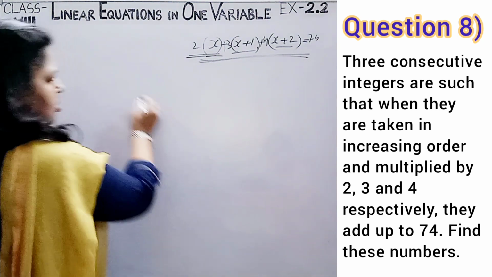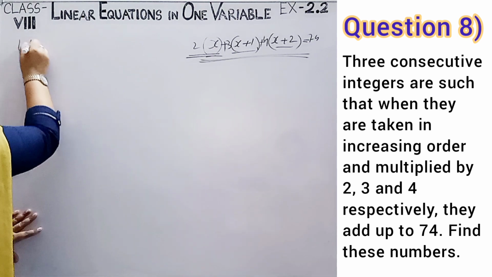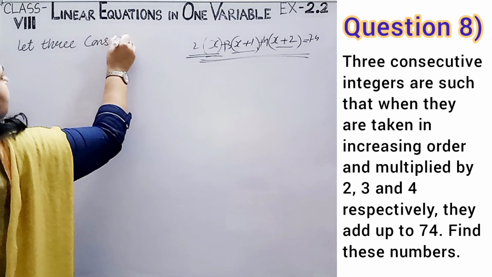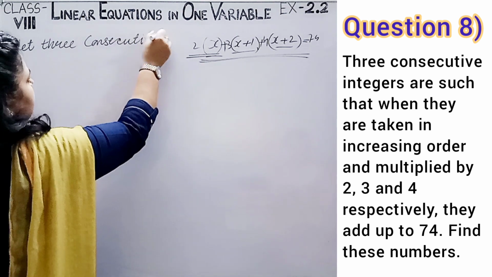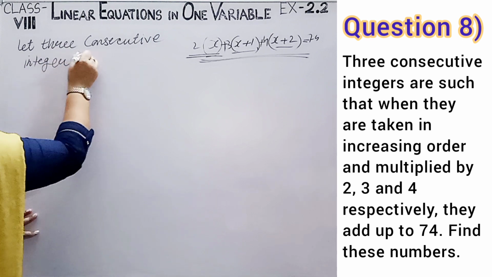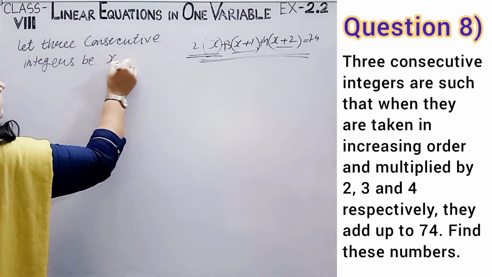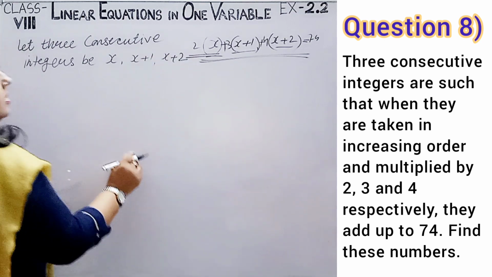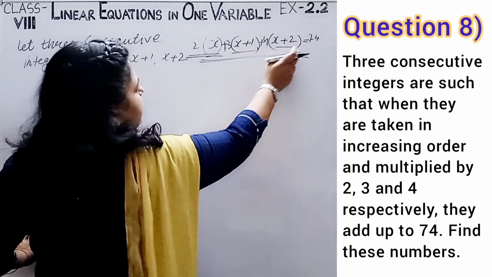So let the three consecutive integers be x, x plus 1 and x plus 2. We have already explained here.